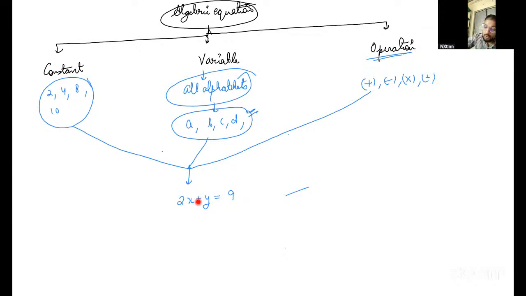If I write 2x, it means 2 multiplied by x. 2 plus x is different, but 2x means 2 multiplied by x. So basically, constant, variable, and operation, all three together form an algebraic equation.